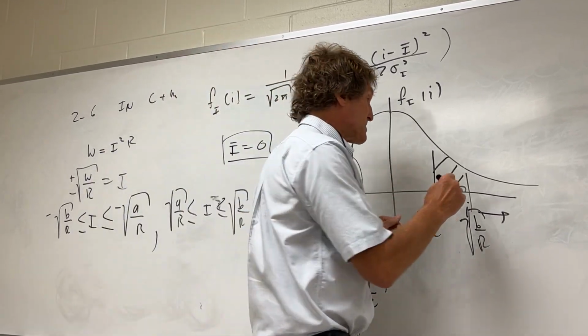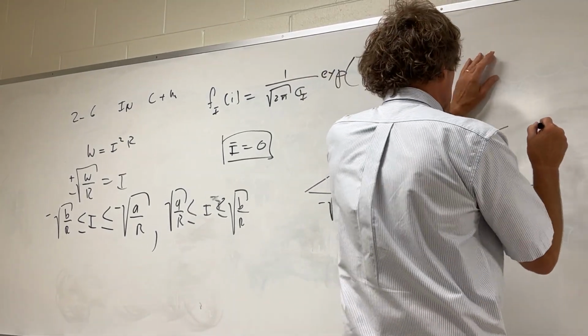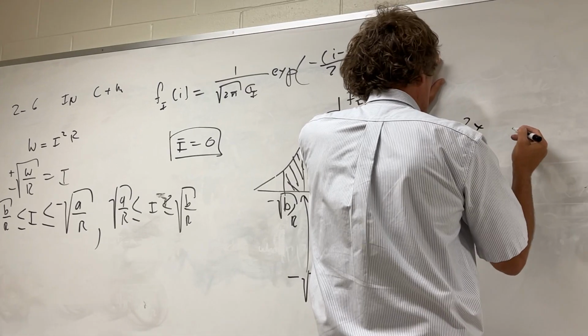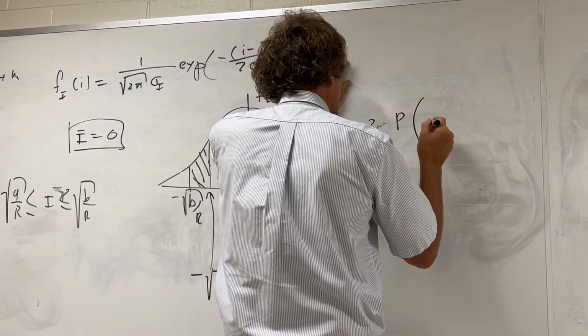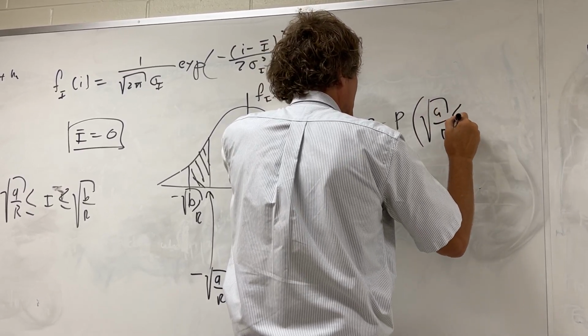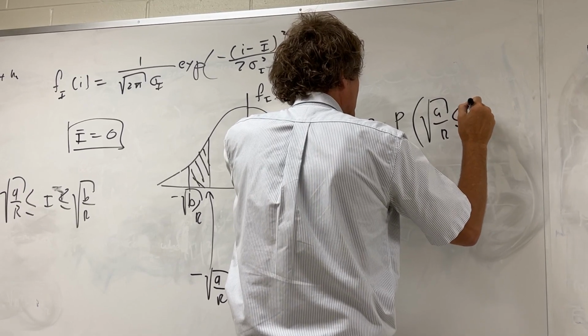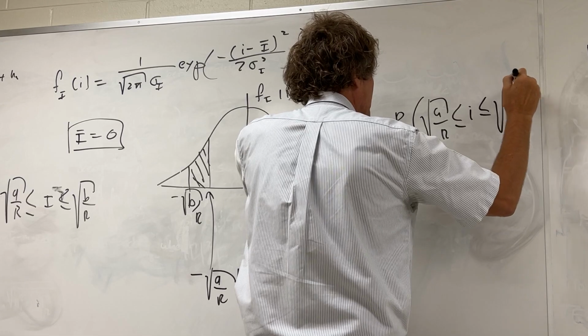So this is really just twice the probability of this occurring. You all with me? So it's going to be 2 times the probability of square root of A over R less than or equal to I less than or equal to square root of B over R.